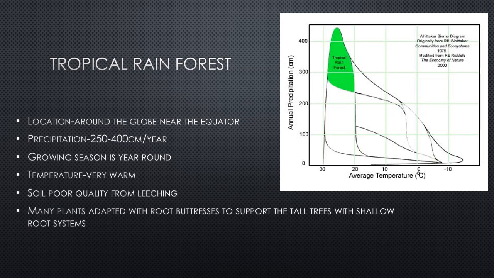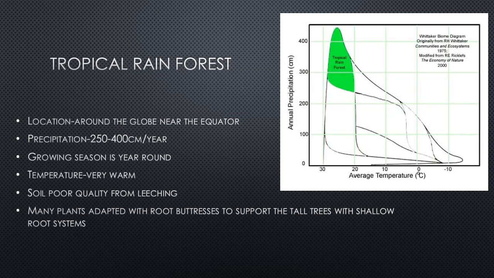The quality of the soil is poor because there's so much water. And when we looked at the different soil types, there's a lot of sandy soil in this area. So the water just leaches out all of those nutrients. So it's not really available very much for the plants that grow there. So the soil quality is very poor.